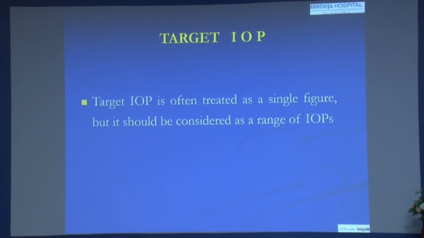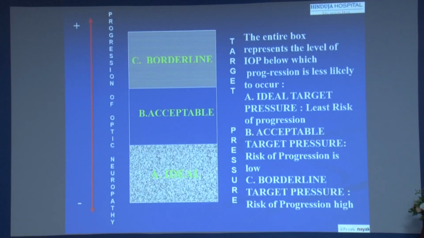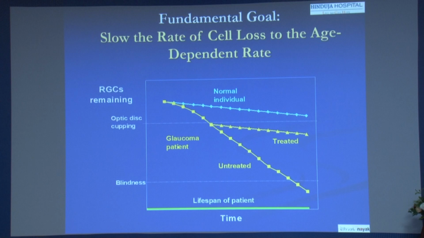But it is not a single figure. Don't think that it is 21, 18, 19. It is basically a range. In that range, of course, the bottom one will be the most desirable, but it is not always easy to attain. Normally also there is always some decay of the nerve fiber layer, but in glaucoma it becomes enhanced.